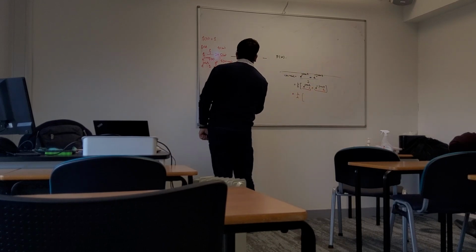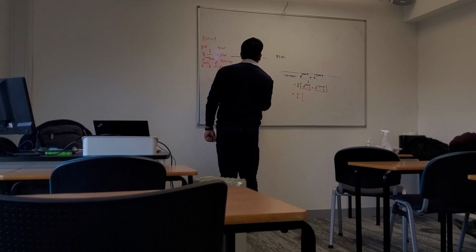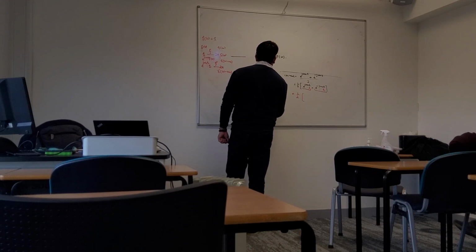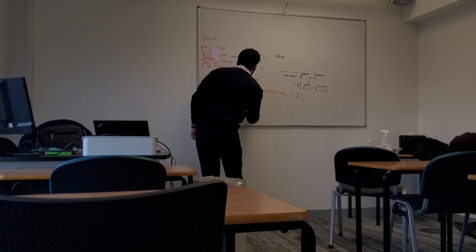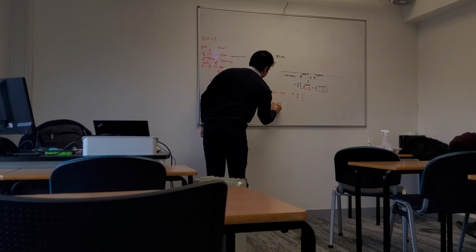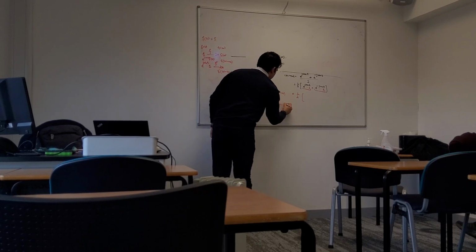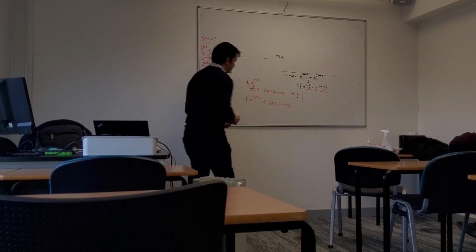Okay, so I just came to know that 1 times e power j omega naught t, if you write the Fourier transform, would be 2 pi delta omega minus omega naught. Similarly, for 1 times e power minus j omega naught t, the Fourier transform would be 2 pi delta omega plus omega naught.